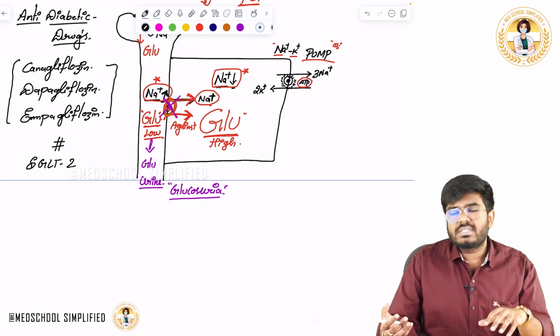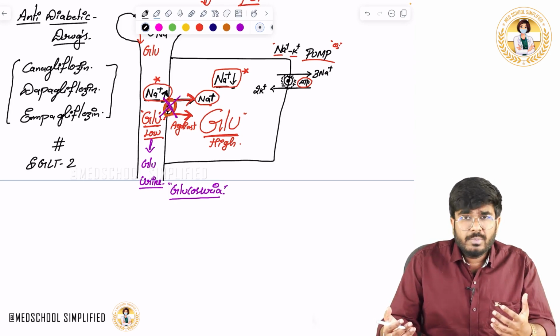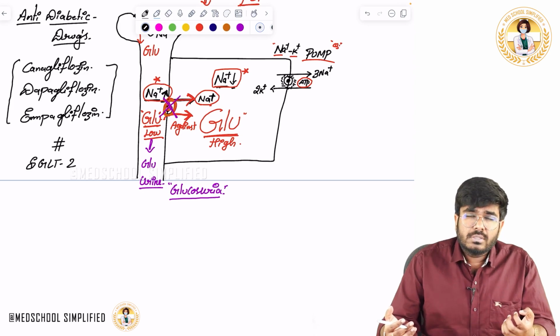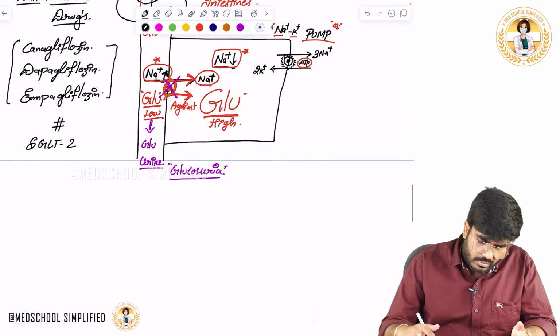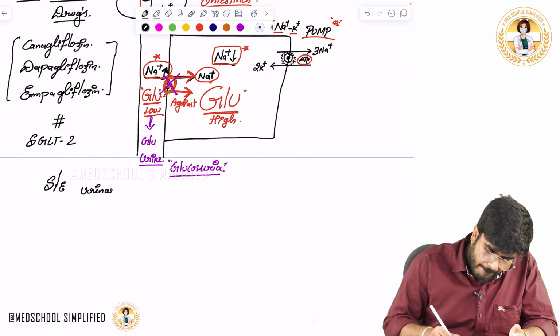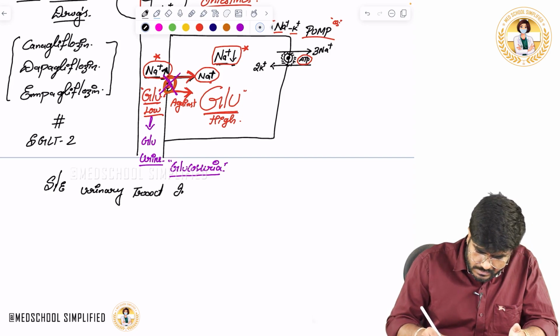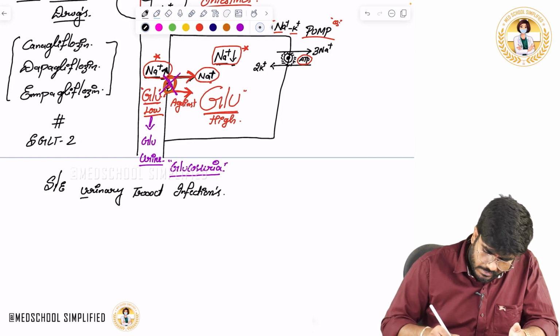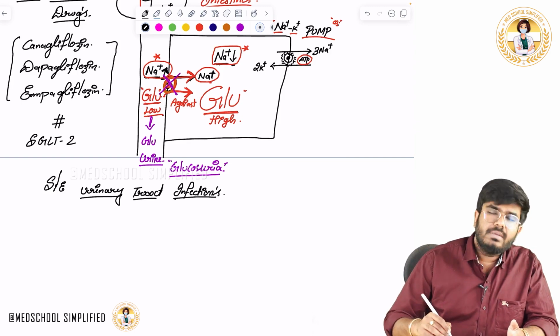So if you use these drugs, with this glucose in the urinary tract, the side effect of this drug is urinary tract infections.